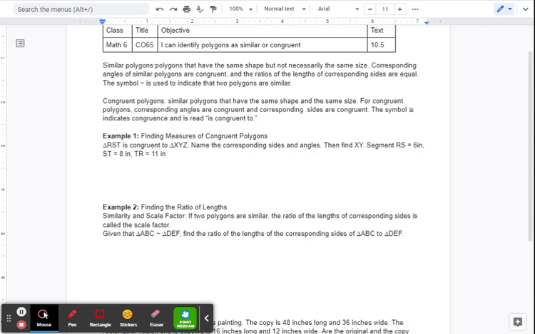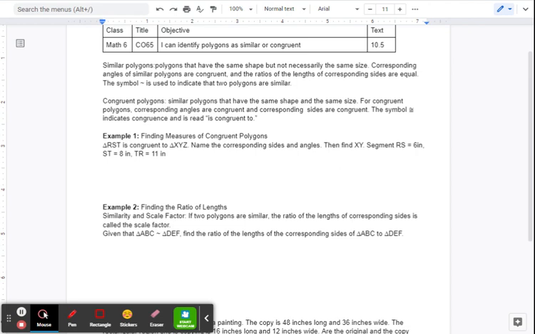Here's the important thing to make note of. The order that they put the letters is important. So for our first triangle, it was R to the S to the T. So this one is X, Y, Z. So XY is first.